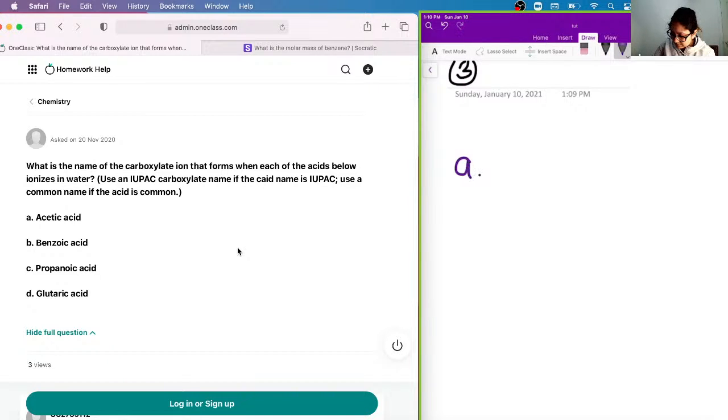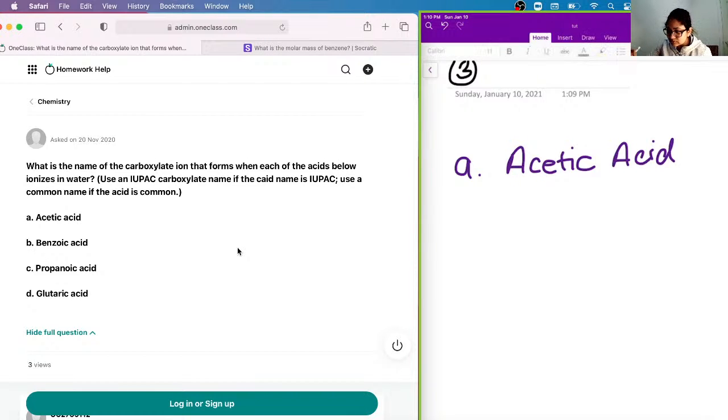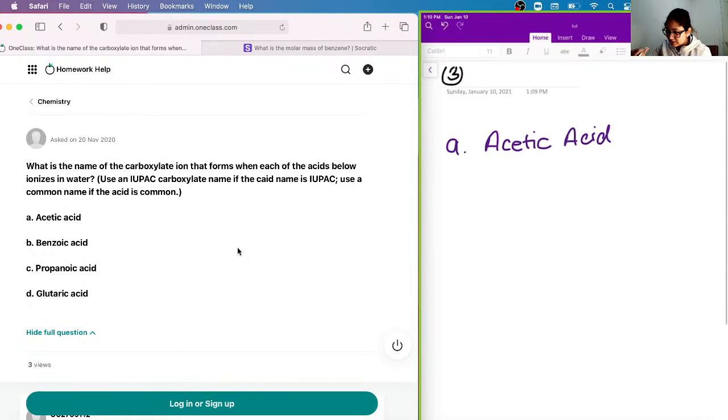It says acetic acid, right? What we're trying to do is find what compound will form when acetic acid reacts with water. That's what ionizes in water means.